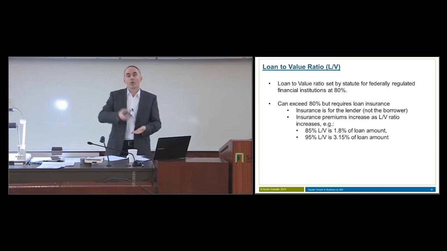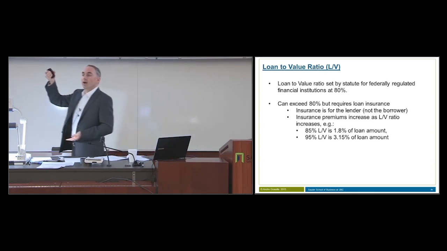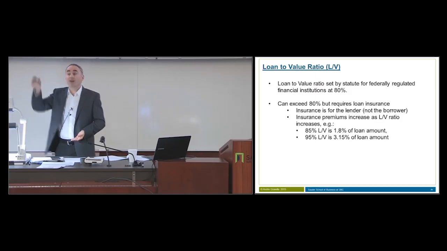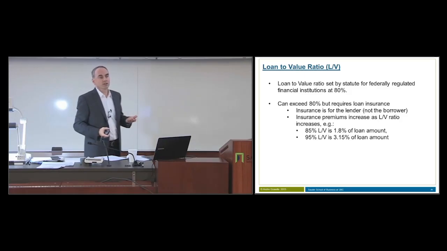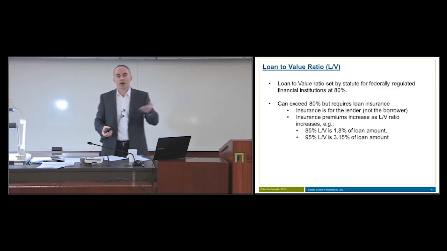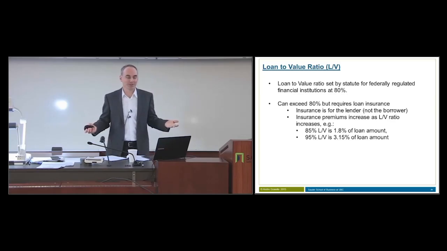So the more you borrow, the greater the risk there is to the lender, because the property value has to now only fall by, say, 5%, more than 5%, before they could possibly lose some of their security. So the more risk, the more insurance is needed, the higher the premiums are. Just like car insurance. If you're a bad risk, you pay higher premiums, right? The same thing with mortgage loan insurance.